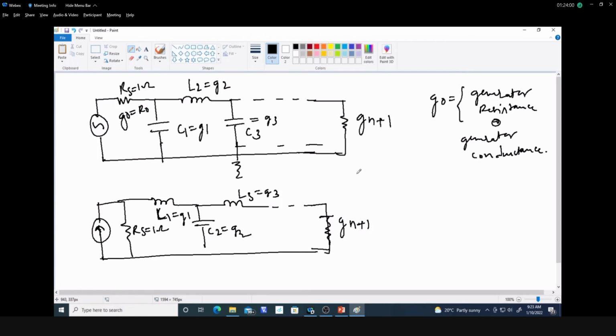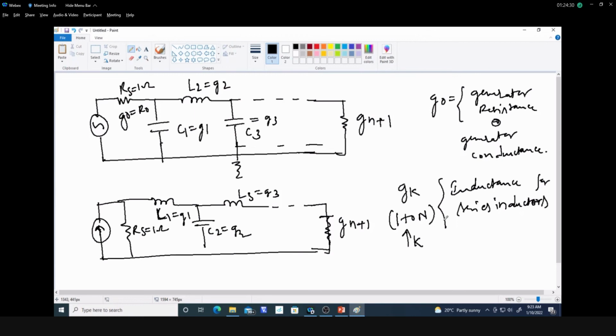Now, the gk values, g1, g2 and so on, have k varying from 1 to n. If it is an inductance in series, then gk is the normalized inductance value for series inductors, or we take the capacitance for shunt capacitors.